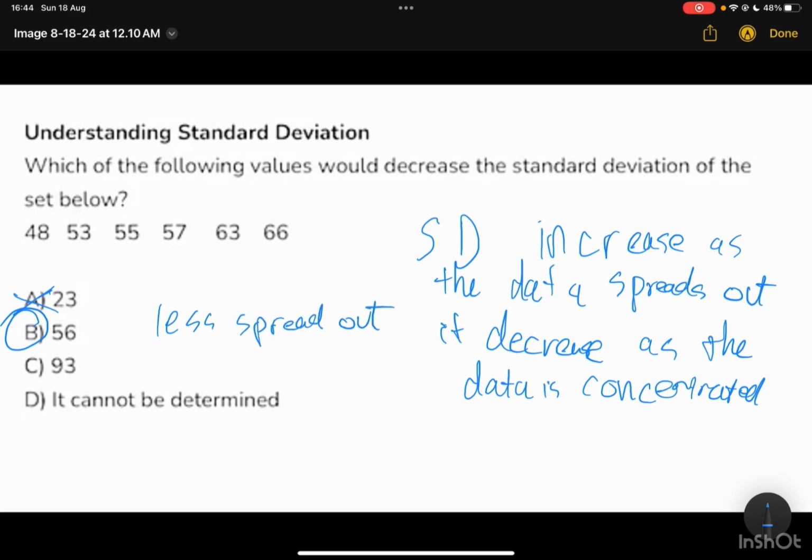For 93, that's not going to be the answer either because this will increase the standard deviation, because it spreads the values out. 93 is much further away from 66. And D is not the answer. So the final answer is going to be B.